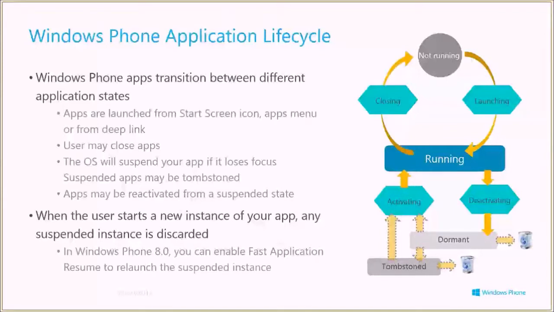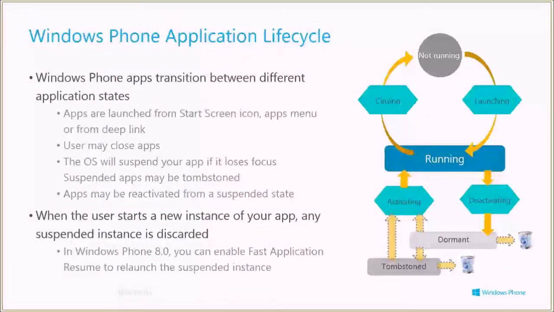In summary, the user launches a new instance of an app from the start screen, or the apps menu, or from a deep link through a secondary tile, or speech input, like for example, open my app, and we're going to have that in the speech session. It can also be through search extensibility on the phone, or the wallet, or using files or protocols, like opening an attachment, a PDF file, so that it opens the PDF reader application you have on your phone.